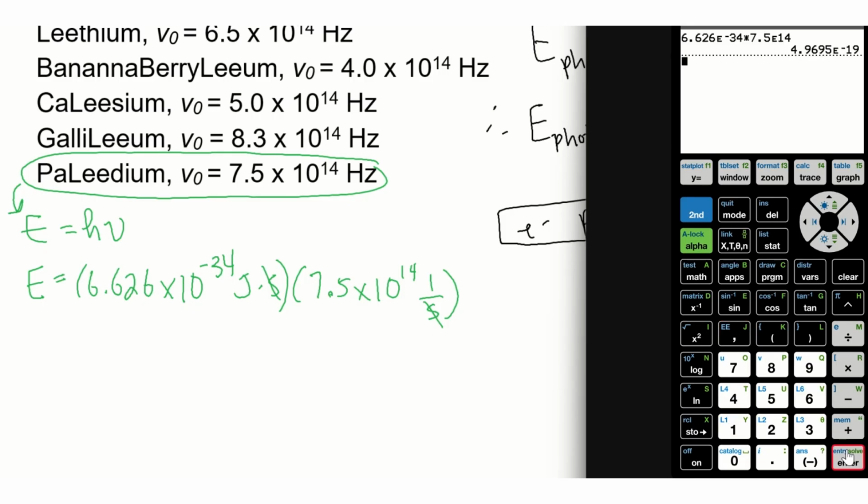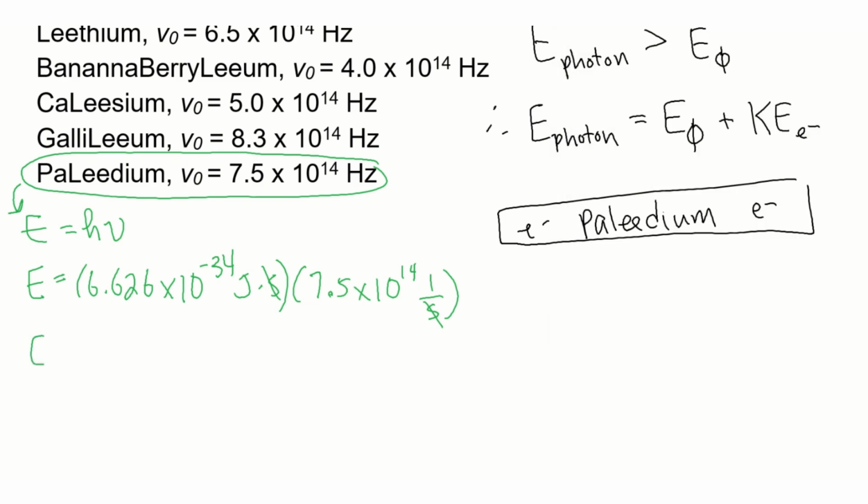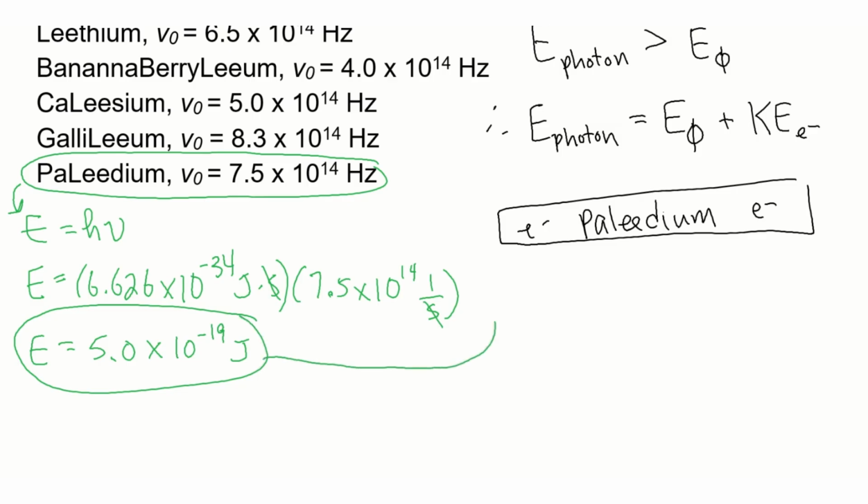And there's the energy required to eject electrons out of this metal, palladium. This is also known as a work function.